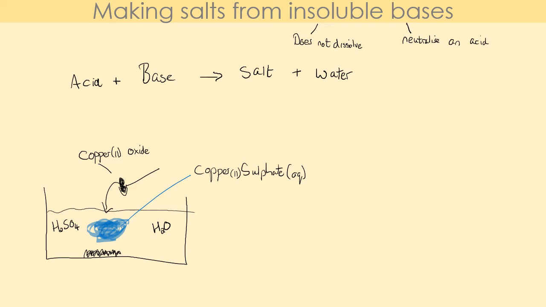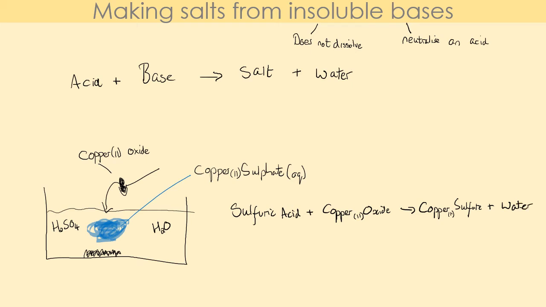But if we want to look at our equation for this, looking at our general equation, we've got sulfuric acid plus copper oxide, or copper 2 oxide, will make copper sulfate and water. That is our word equation.